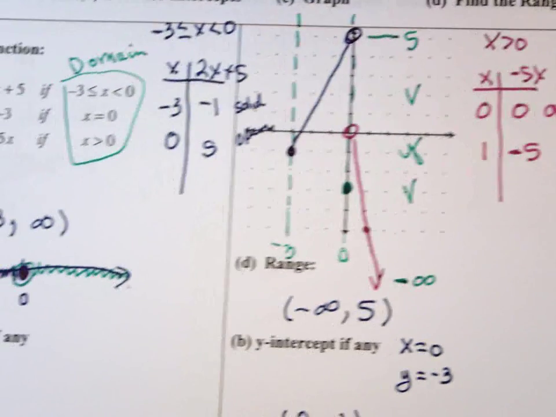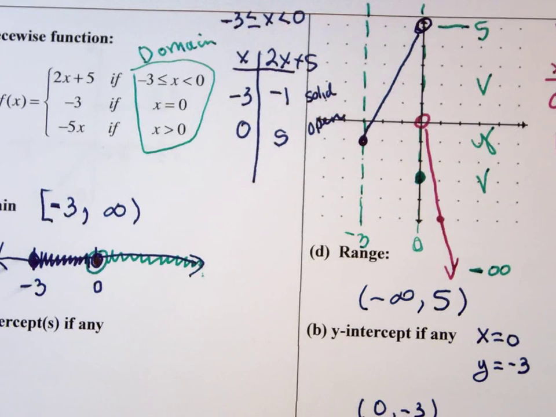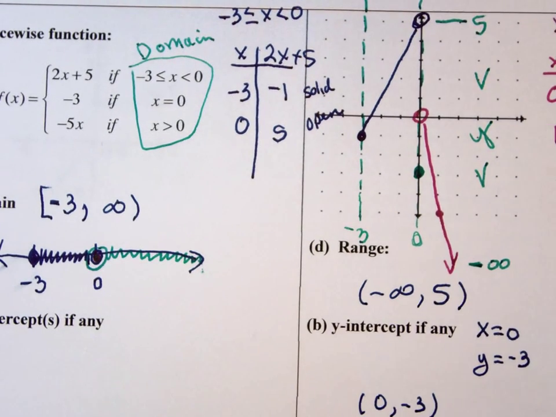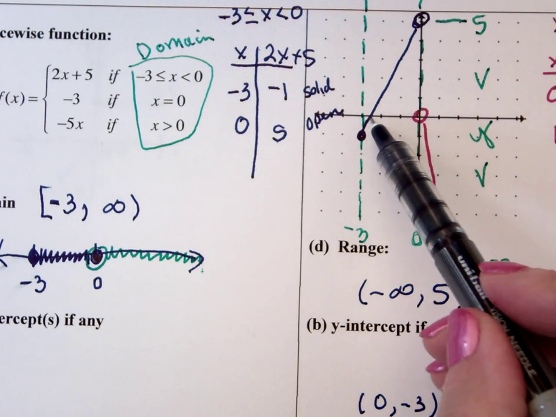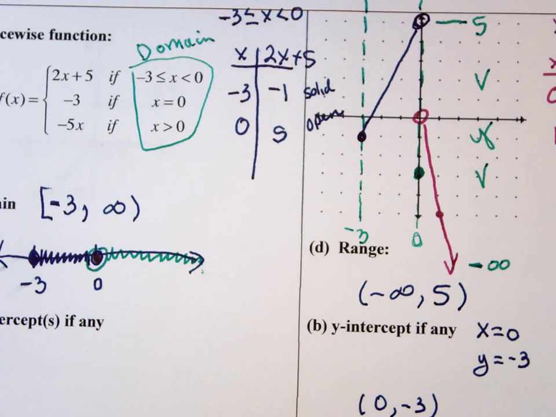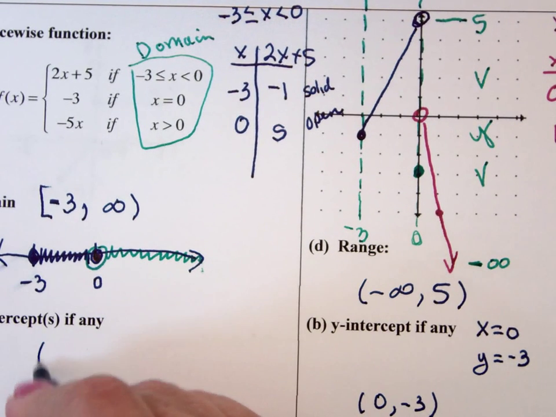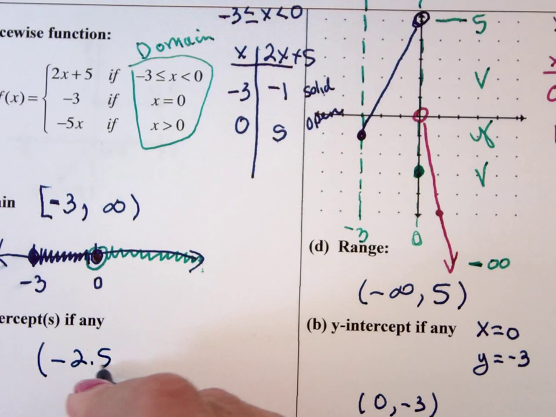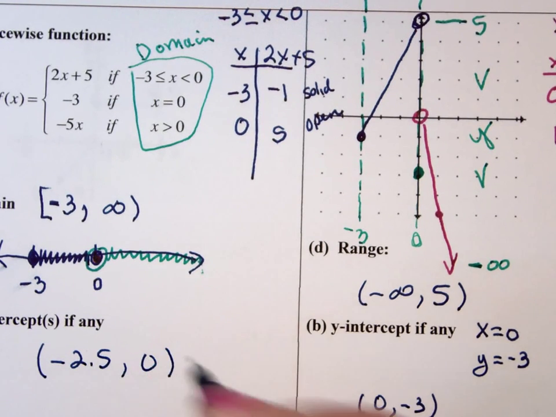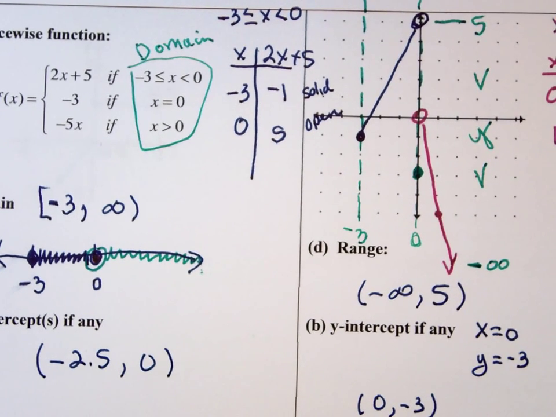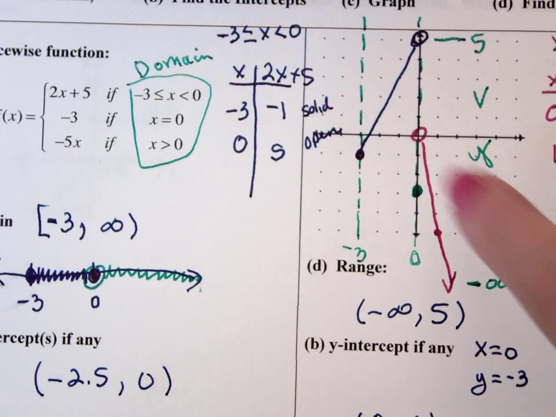And it looks like it has an x-intercept. What would you guesstimate the x-intercept to be? Negative 2.5. And that's just a guesstimate. But I know what graph it's on. It's on that first graph.